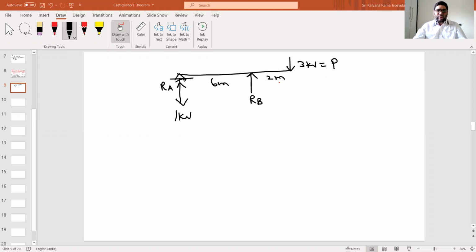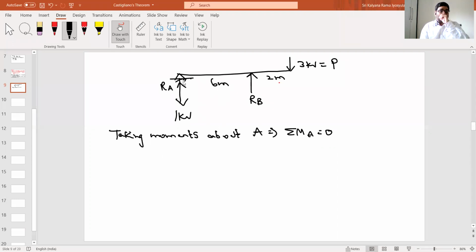Now taking moments about any point, taking moments about A, we need to calculate the reactions in terms of P. Taking moments about A implies sigma MA is equal to 0. That means, see here all of you, moment at this point is equal to 0.